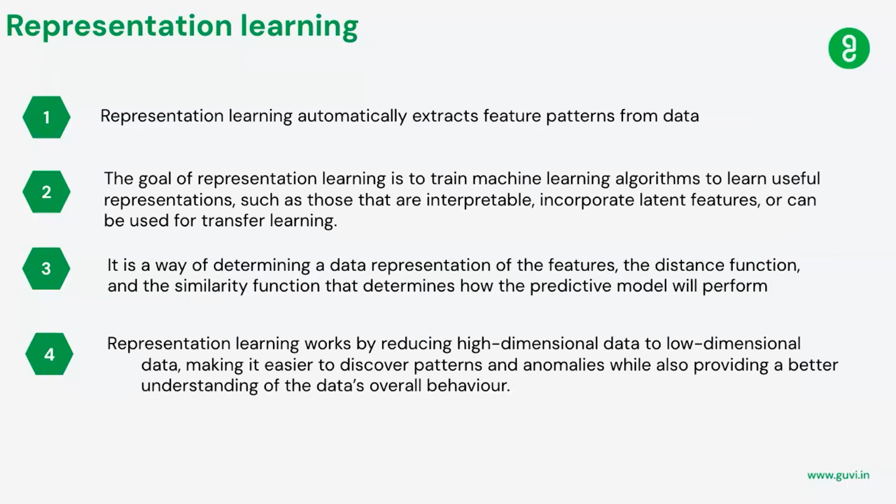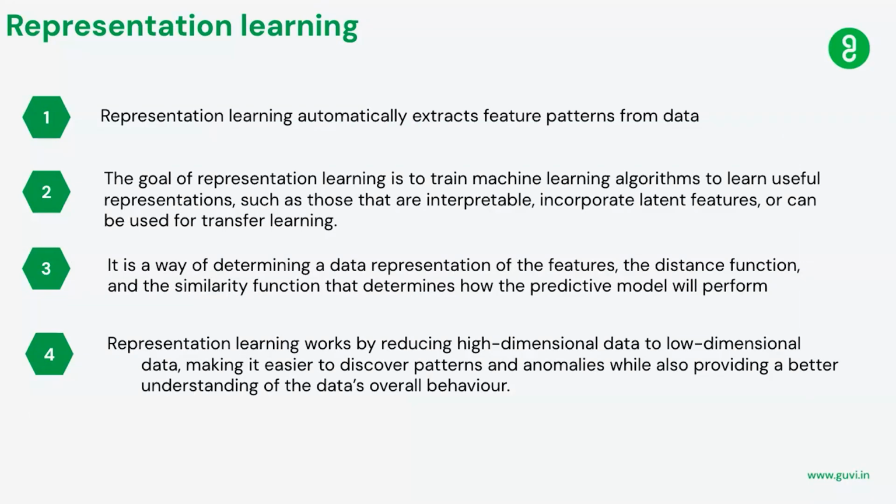Representation learning is one such form of technology which will automatically extract feature patterns from data. It will automatically incorporate those latent features, those hidden features that are there in the data about how those whiskers are shaped or how a particular ear is shaped or where in a particular image you can find the positioning of a feet or of an ear or of eyes. All of these hidden representations and interpretations are handled by using representation learning.